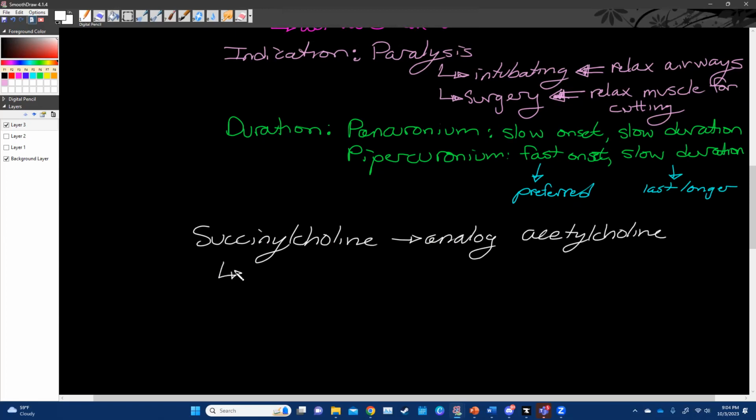Essentially what this does is it directly activates the nicotinic acetylcholine receptors. So instead of raising whatever levels of acetylcholine are already there, we're actively binding to it and turning it on. What this is going to do is we still get paralysis. We're still going to get the relaxing of the airways, relaxing of the muscles for surgery, that whole business.